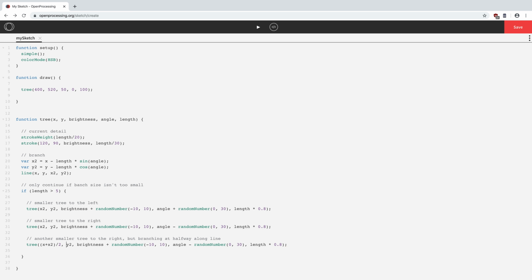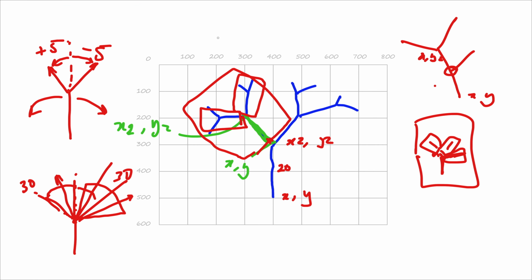That's the average, which means it's halfway along the line. And we'll say here y plus y2 divided by 2. If you're not sure or not convinced, let's add to this already busy diagram. Let's say here's a branch. This is x, y, x2, y2.